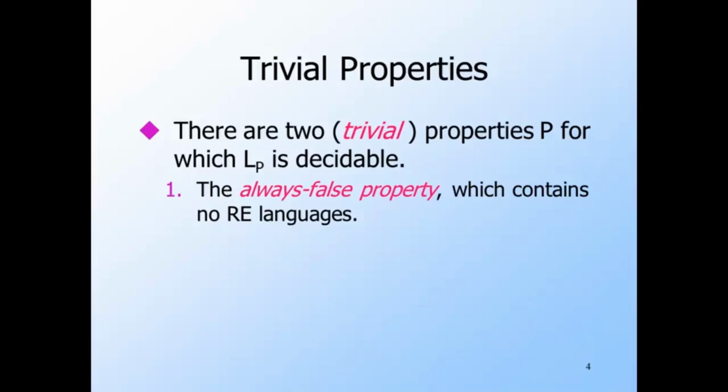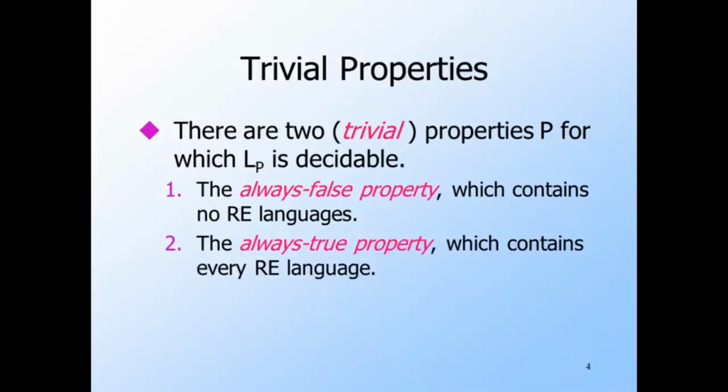How do we decide this property? Given an input W, we ignore it and say no. Notice that even if W represents an invalid Turing machine code, we have agreed to take all those strings as representing a Turing machine that accepts the empty language. But the empty language is a recursively enumerable language, so we are correct in saying that W's Turing machine does not have this property.